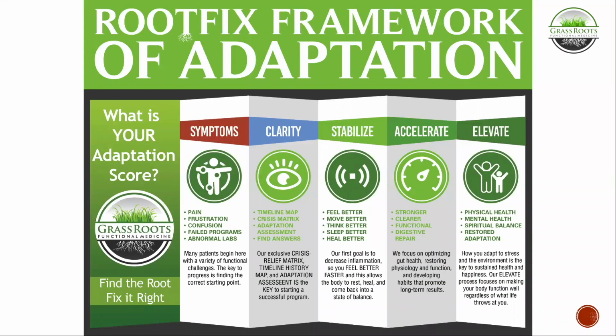So at GrassRoots, we utilize a very specific framework to help people get back to the state of optimal health they once knew. Many patients come to us after failed programs, years of struggle, and confusion about what path they need to take to regain their health. They show up with symptoms. Many times, these symptoms are chronic and recurring, which leaves people so frustrated and in desperate need of guidance.